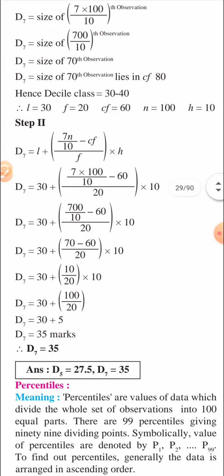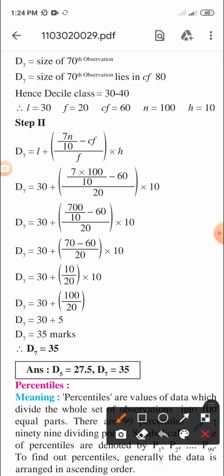Okay, so put up the values in the formula. When we calculate the value of decile, we find out the decile class, that is 30 to 40. So L, the lower limit, is 30, F, the frequency of the decile class, is 20, CF of the previous class is 60, N is 100, and H, that is upper limit minus lower limit of the class, is 10.